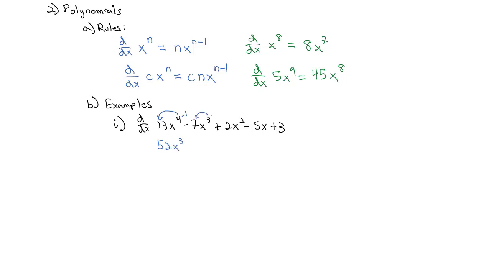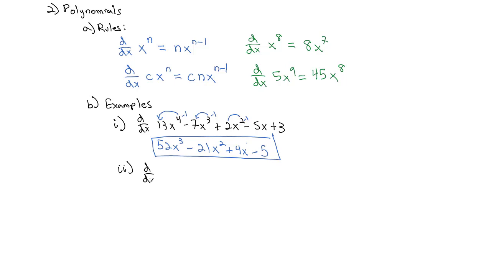Again, bring the exponent out front and reduce it by 1. Negative 7 times 3 is negative 21, x squared, plus 2 times 2 is 4, x to the 1st, minus 5 times the derivative of x, remember, is 1, plus the derivative of 3, because it's a constant, is 0. And this, then, is our derivative.